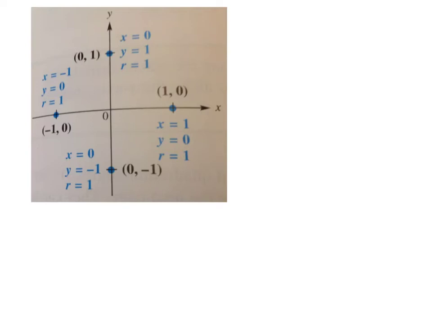So let's just start with a 90-degree angle. If we take the sine of a 90-degree angle, remember that sine is y over r, so it's 1 over 1. Cosine is x over r.